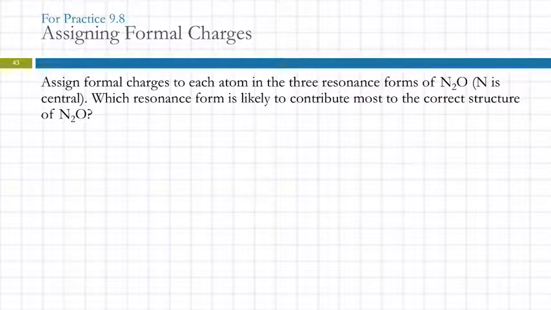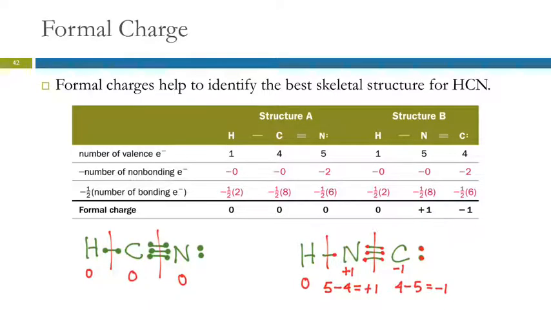Is the rule of thumb still to put the most electronegative atom in the center? The rule is the most electronegative atom is usually on the terminal, on the outside. So what if the formal charges throughout the molecule are something other than 0?